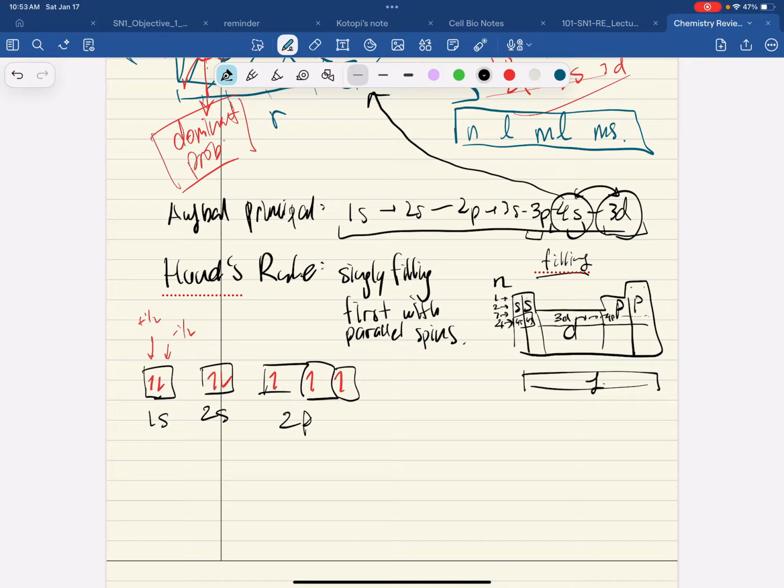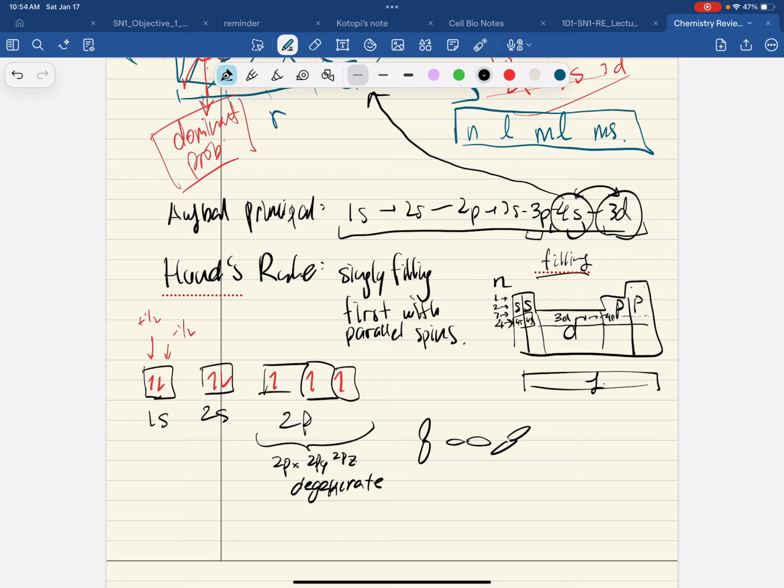That's Hund's rule. And Hund's rule also mentions how the 2p here is going to be 2px, 2py, and 2pz, because of the orientation of what they look like. These are degenerate.